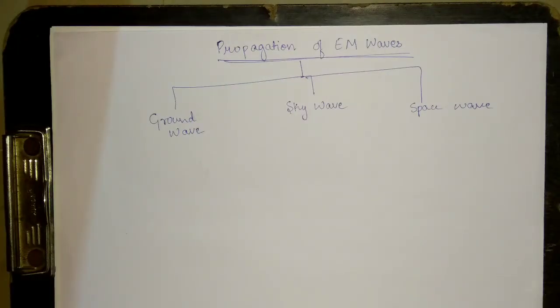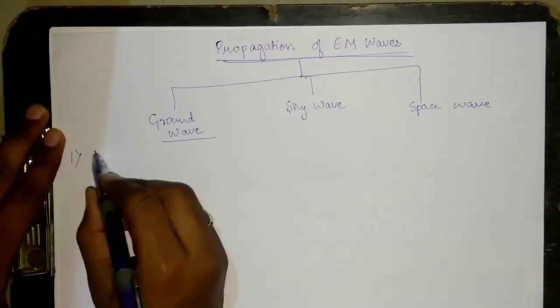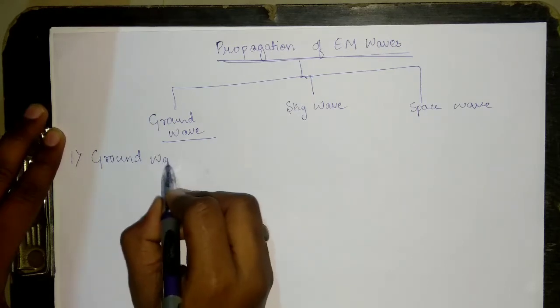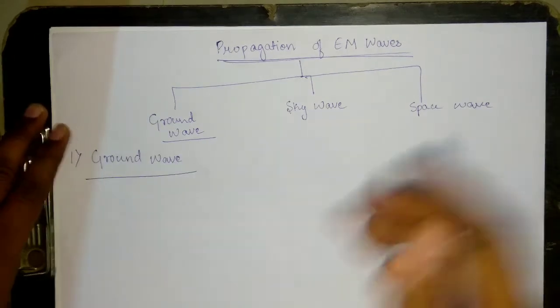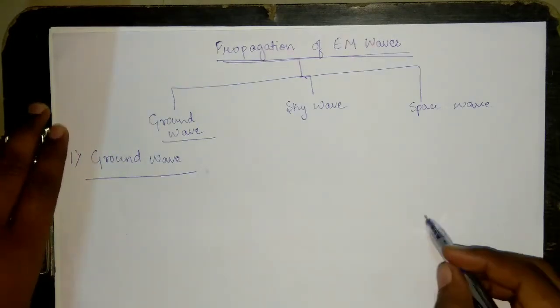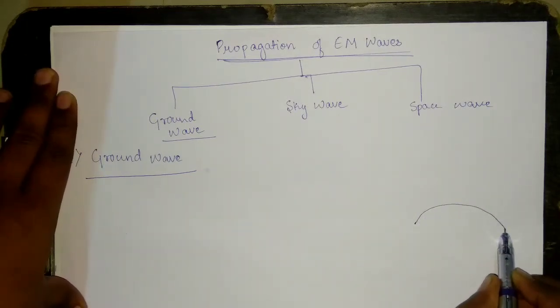Let's start with the first type, ground wave. I will explain it with a diagram. This is the earth surface.